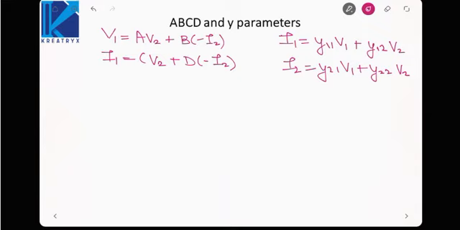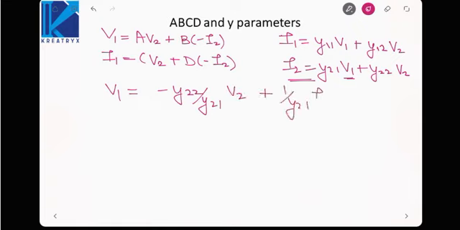Now from the second equation I can determine V1 in terms of I2 and V2. From the second equation V1 is equal to minus Y22 by Y21 V2 plus 1 by Y21 I2.